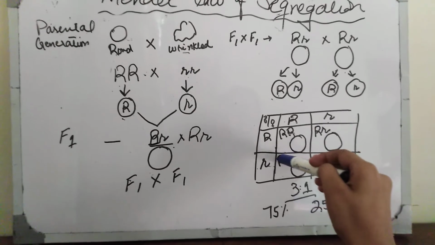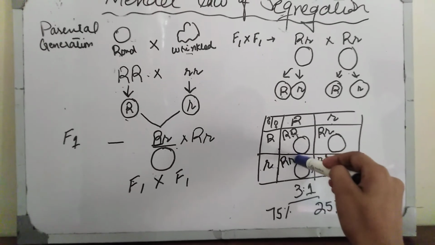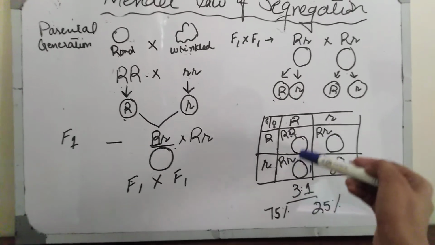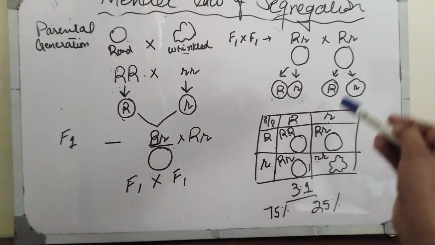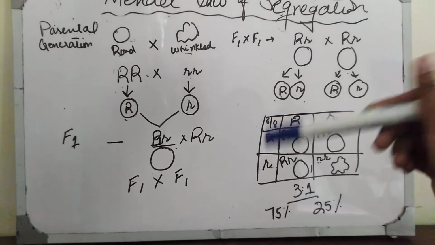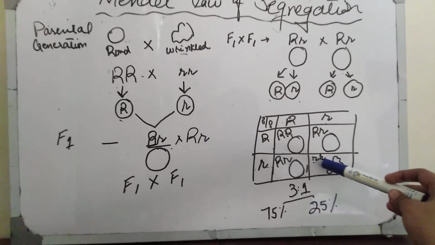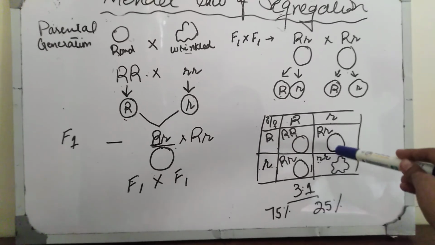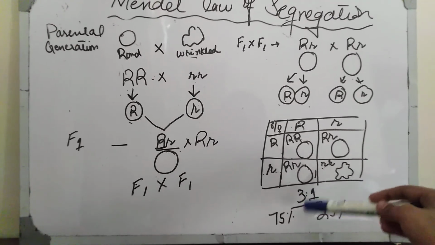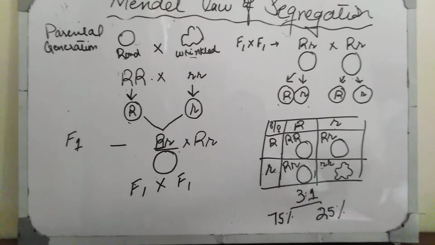This will be round. These will also be round because each has one dominant allele. This one also has one dominant and one recessive allele, and it may be round, but in the F3 generation it may produce wrinkled seeds. Then small r small r has no dominant allele, all are recessive, so the seed will be wrinkled.